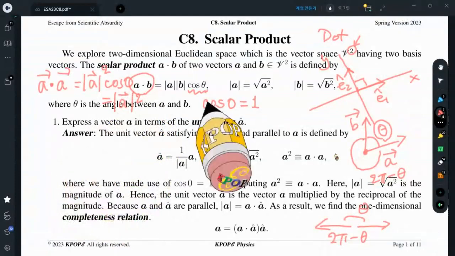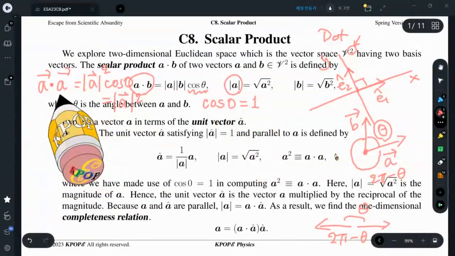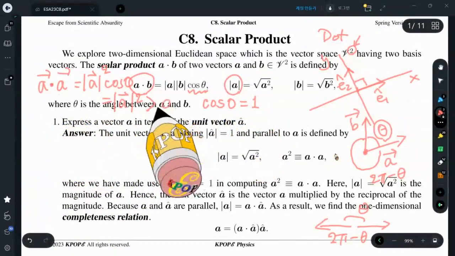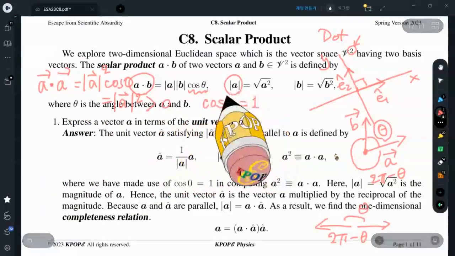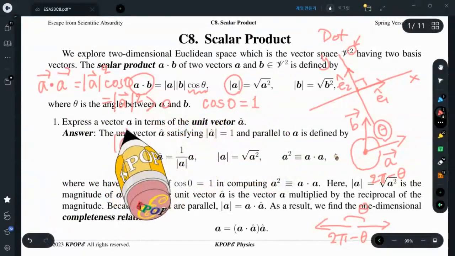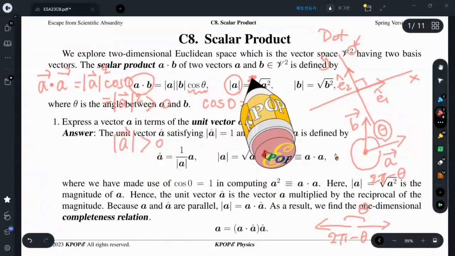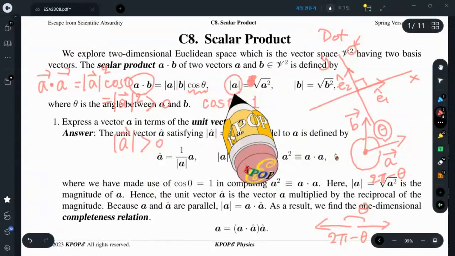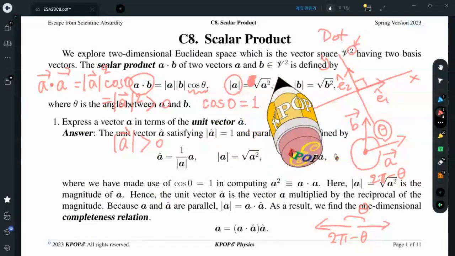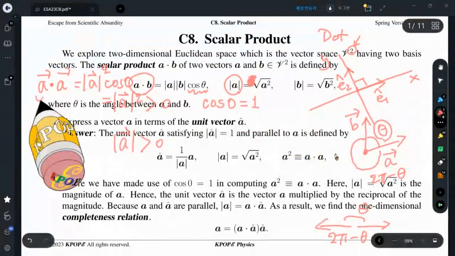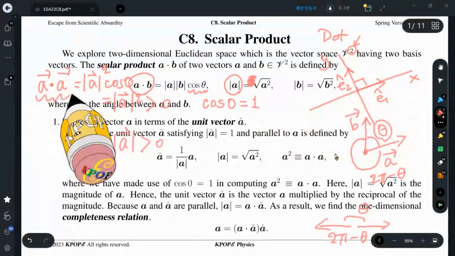Therefore, the magnitude of a vector is nothing but, because it is positive definite, and this one is also positive, so we do not have plus minus, the square root of the self-scalar product.